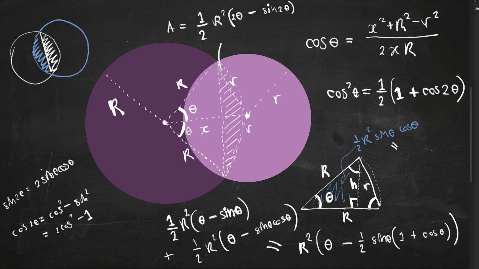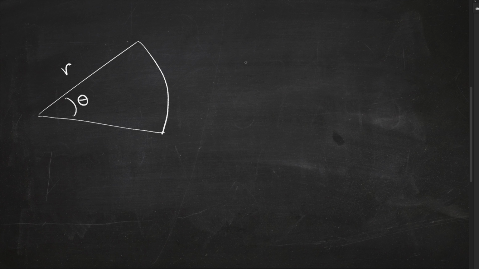And the area of a segment, how do you do that? Well, you need to know a few things. So let's start off with a sector, just as a quick reminder. If you have an angle theta and you have a radius r, then you can take this angle theta and divide it by the total angle, which is 2 pi when you're working in radians.